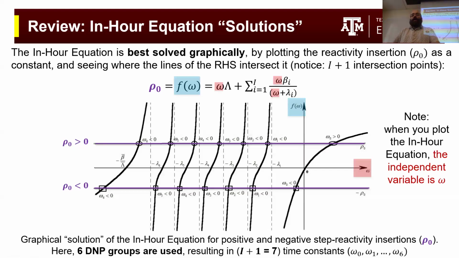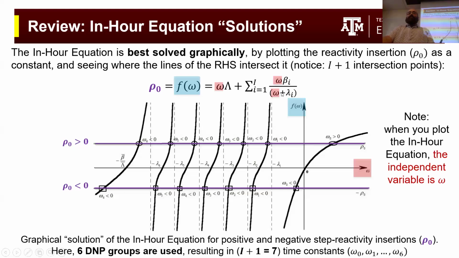And so we talked about graphically solving the n-hour equation. This is a good graph to be familiar with to understand how these time constants relate to the value of my reactivity insertion. When you look at the n-hour equation, the left-hand side is the reactivity insertion. On this graph, that's plotted as just two horizontal lines, depending on whether the reactivity insertion was positive or negative.